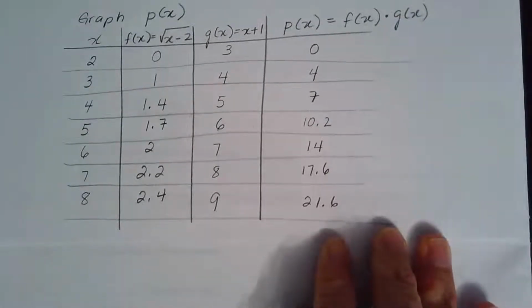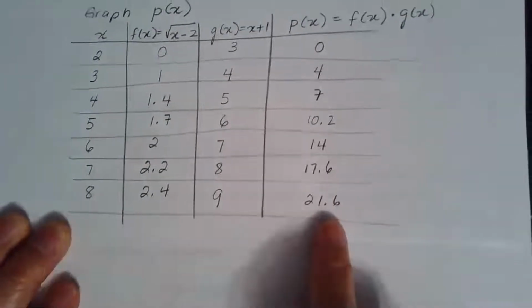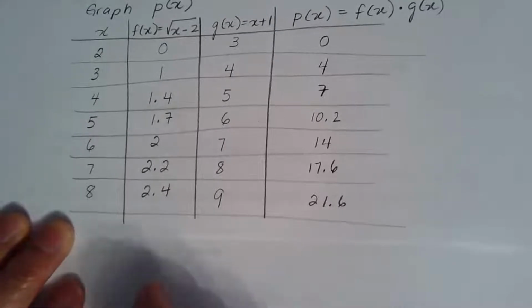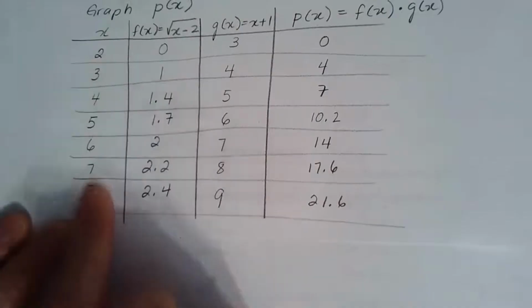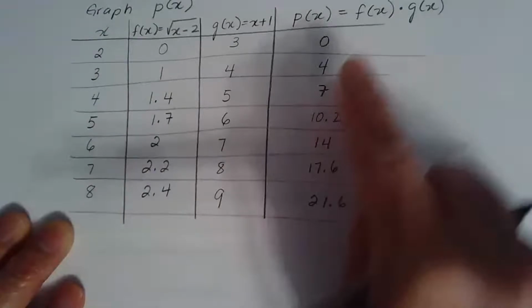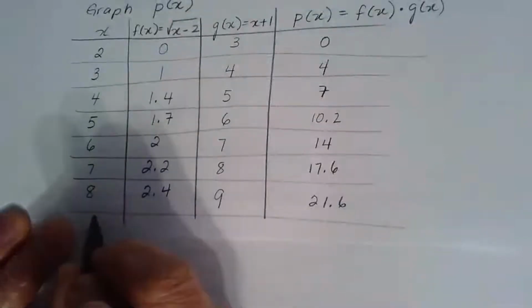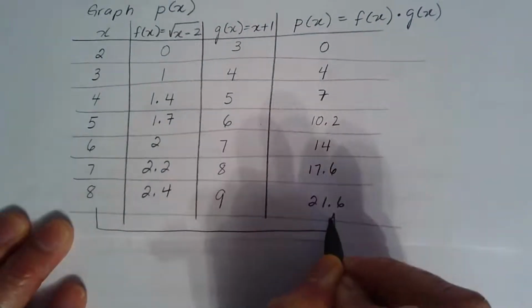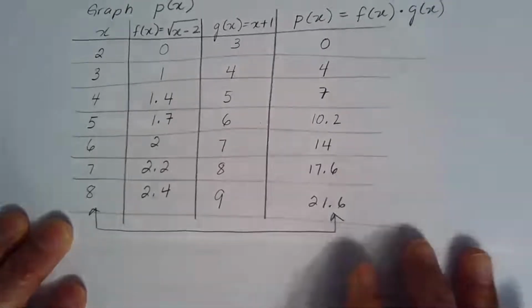Okay. So what we're going to do is graph the first column and the last one. So these two columns are the things that we're going to graph. Let's go ahead and do that and see what the graph looks like.